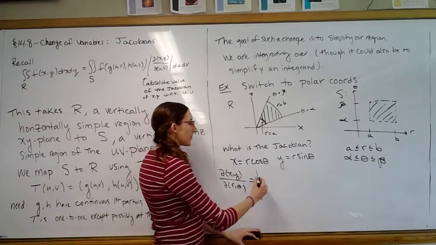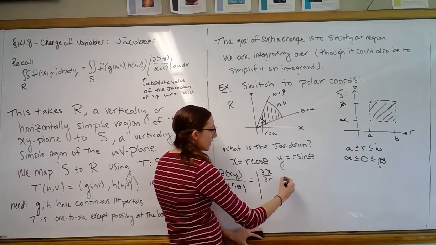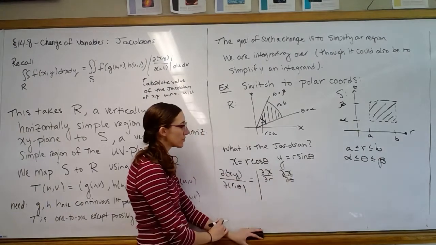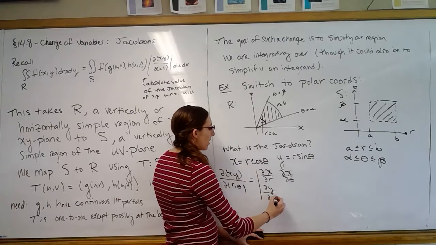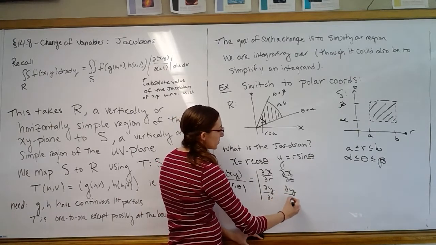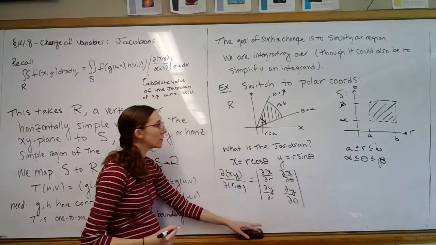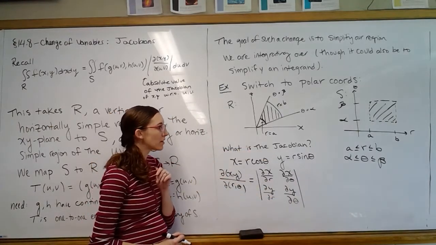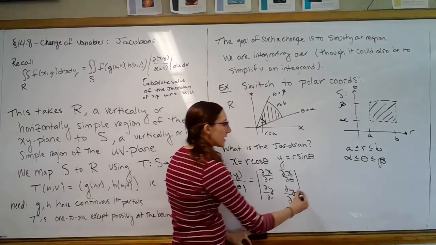Remember, we'll end up with dx dr and then dx d theta, where both of those are partial derivatives. And then we'll have the partial of y with respect to r and the partial of y with respect to theta. So we're doing those variables in order: we went from x, y, so x is on the first row, y is on the second row, to r theta, so r is in the first column, theta is in the second column. So let's write in what those are.